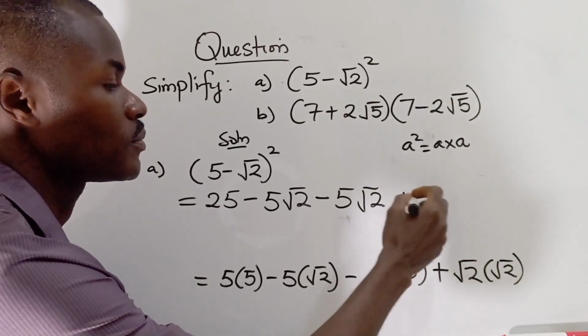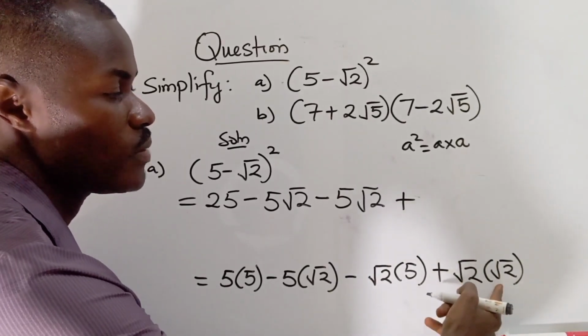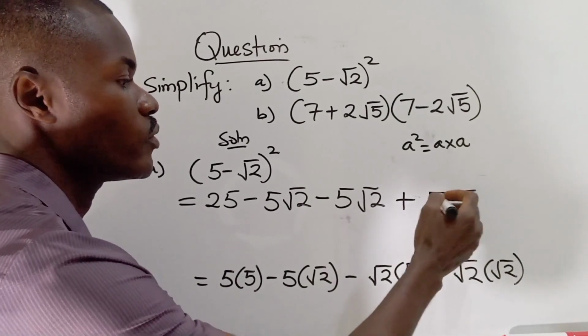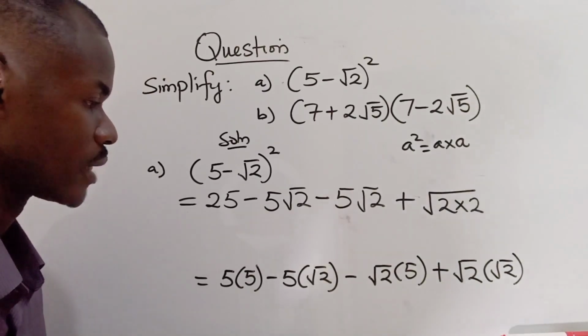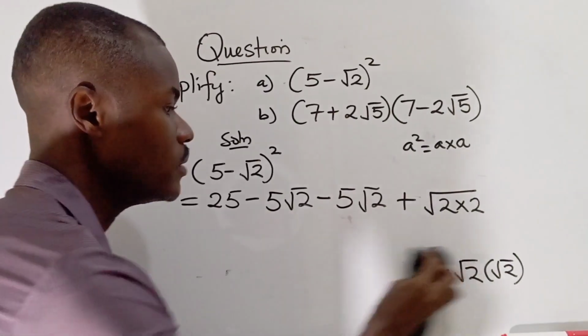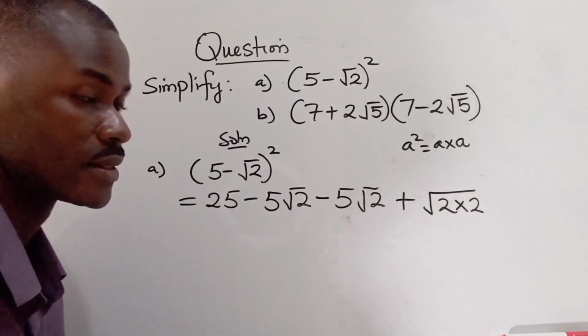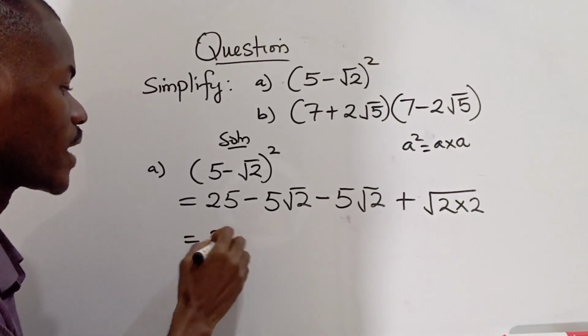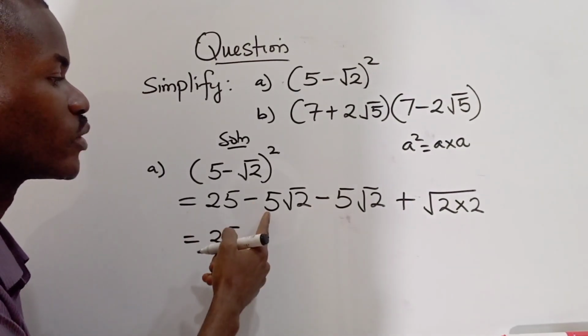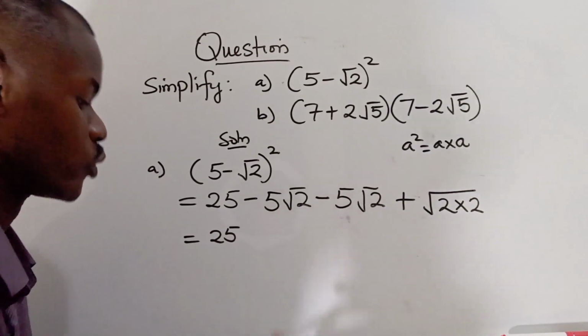Now plus, square root of 2 multiplied by square root of 2 means square root of 2 times 2. I'm showing you all the steps so that we don't get it mixed up. Now we have 25, minus 5 root 2, minus 5 root 2.